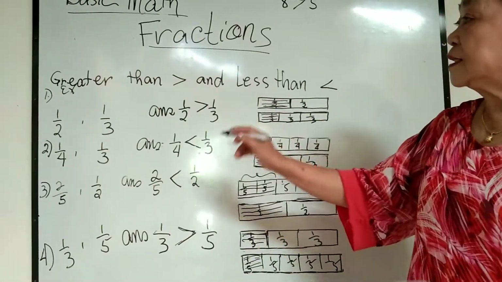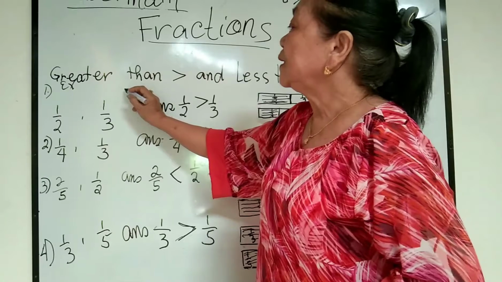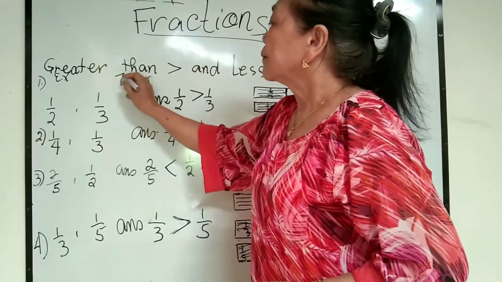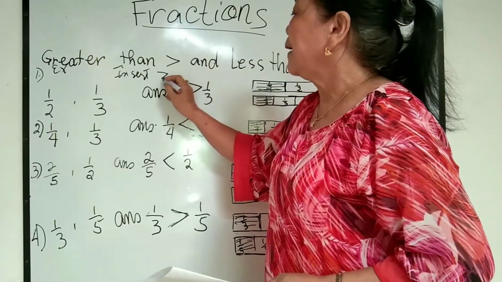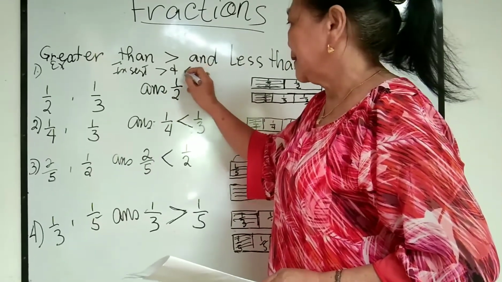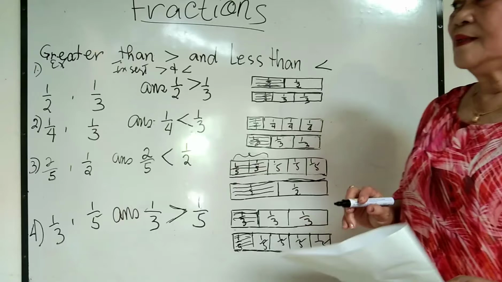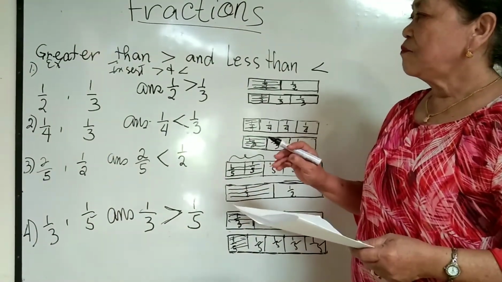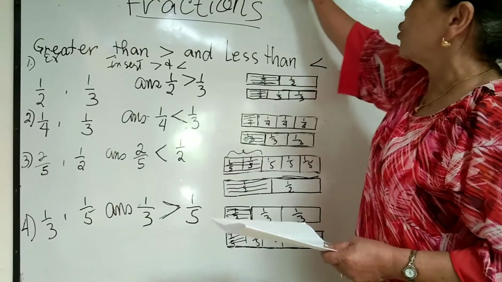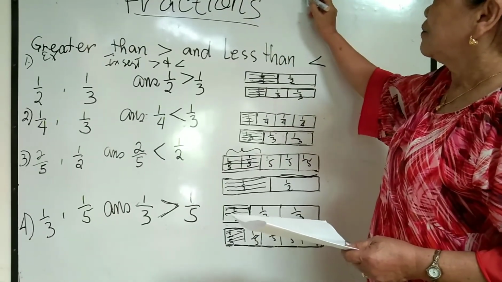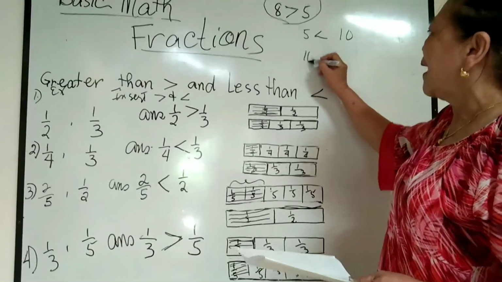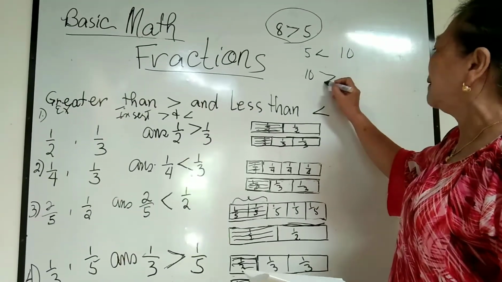The question here is just to insert greater than and less than. In grade 1, maybe these are the questions: 5 is less than 10, and 10 is greater than 2.